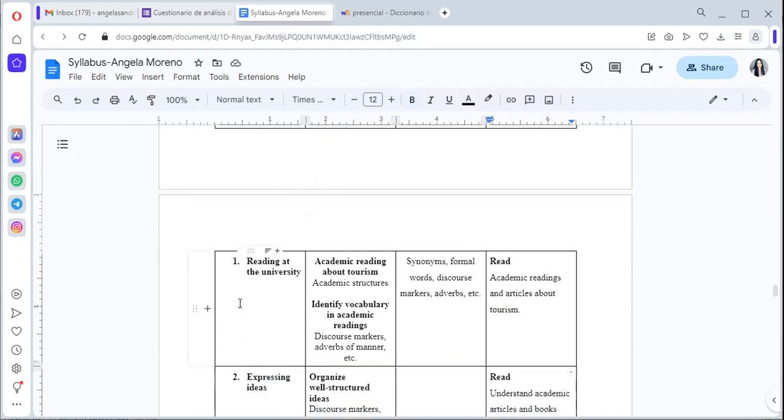Lesson 1, titled Reading at the University. The student is going to read academic readings about tourism, so he's going to learn academic structures.